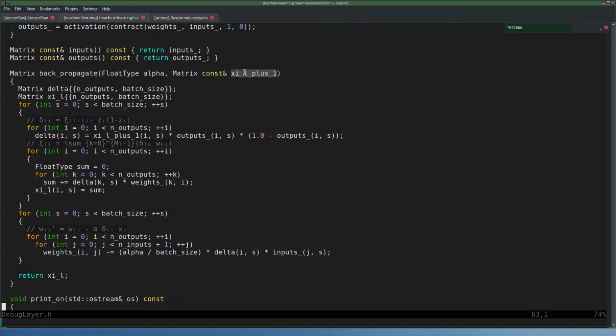The initial xi value is passed here. So we use the initial one and then we calculate the delta here, sorry. And then we calculate the next xi, which is returned in the end. Yeah, I don't know. It's not that complex. It only took me 2 weeks to figure it out, but in the end it's less than a page of code.